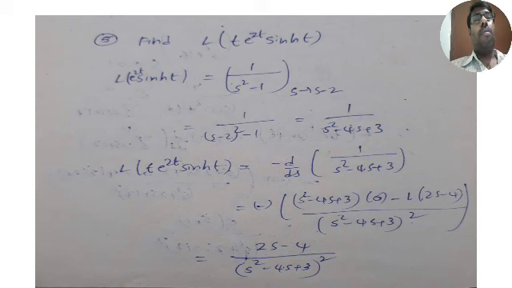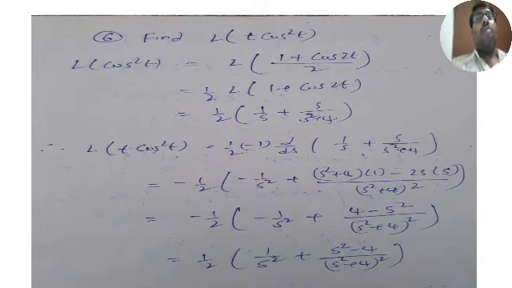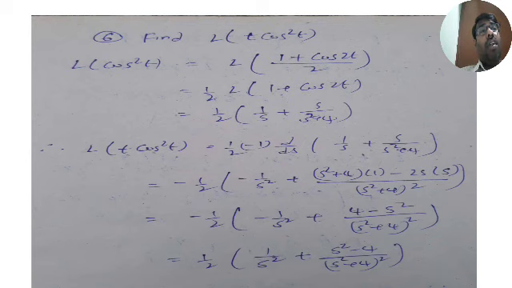So the next problem is find L of t into cos square t. Our sixth problem is find L of t into cos square t. What are the other terms except t? What is the other term? It is cos square t. So what is our f of t?